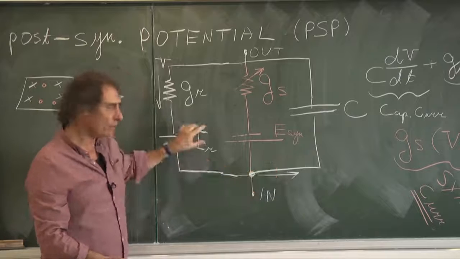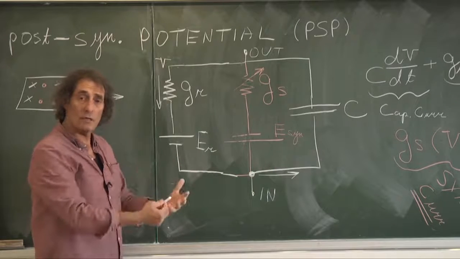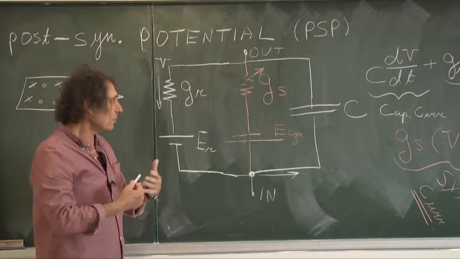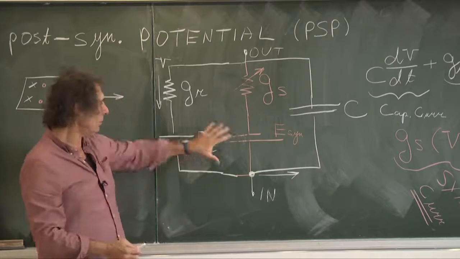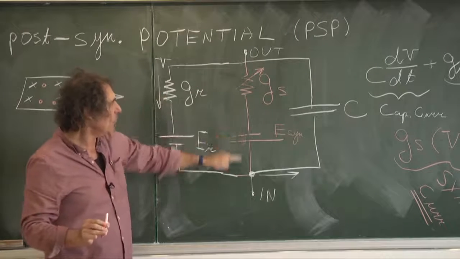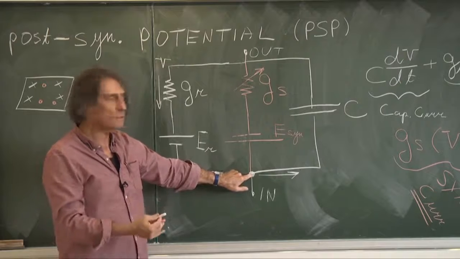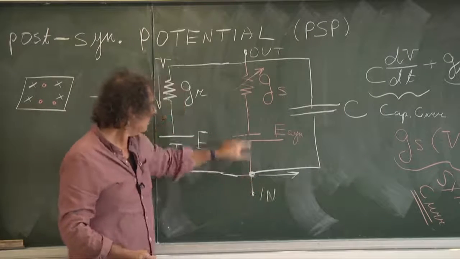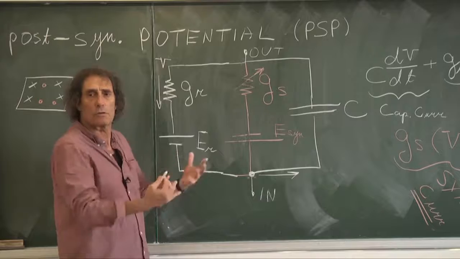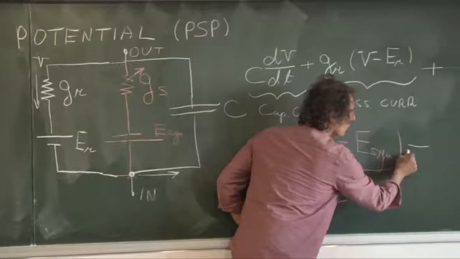The sum of these three must be zero. There is no external current going into this cell. I don't inject any current. I just open a new path. So at any given point here, according to Kirchhoff's law, the sum of these currents should be zero. Okay? So this is the equation.